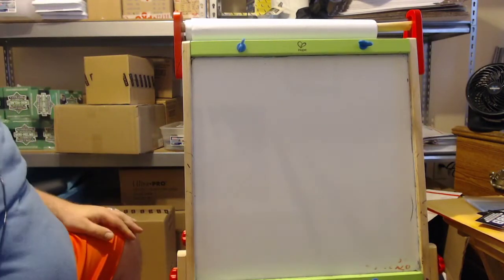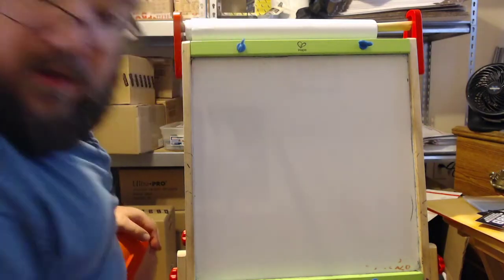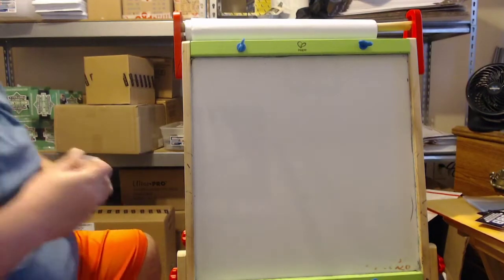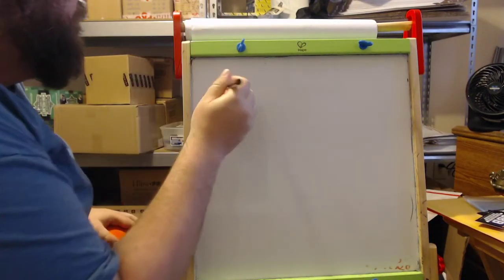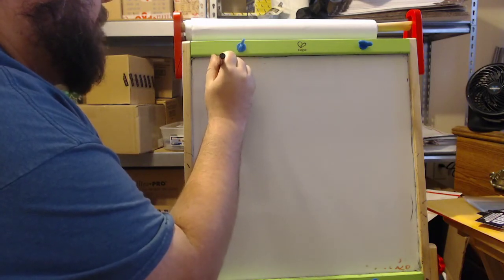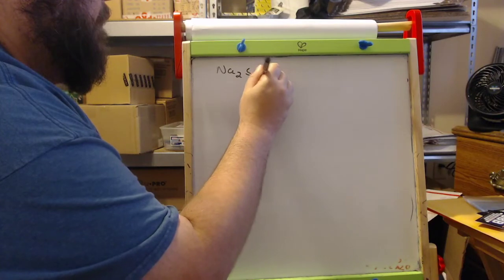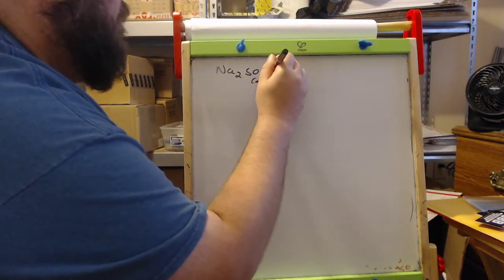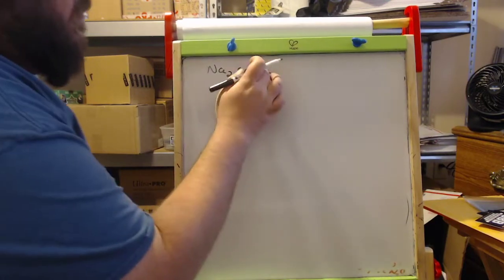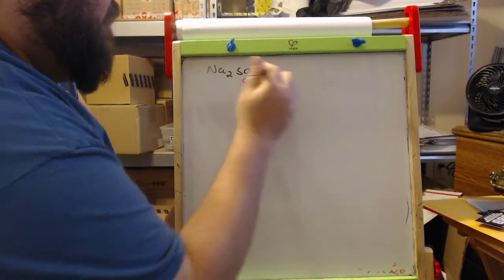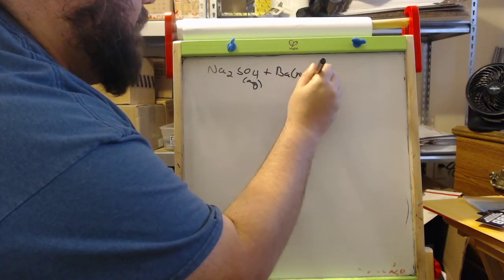But let's say we have a reaction. Okay, we have a reaction of, let's say, a solution of sodium sulfate, and we react it with barium nitrate.